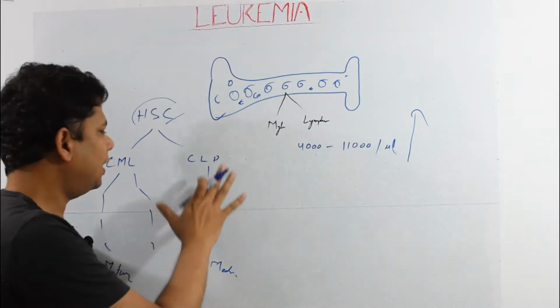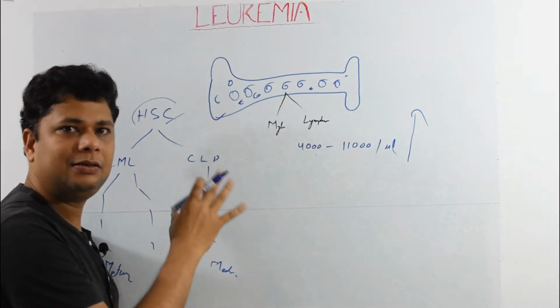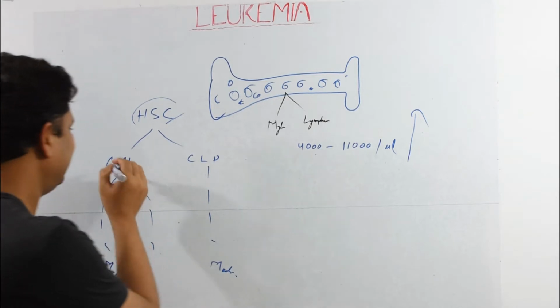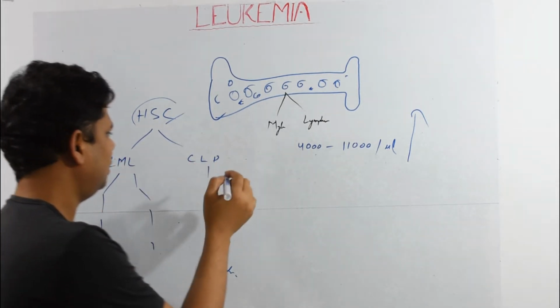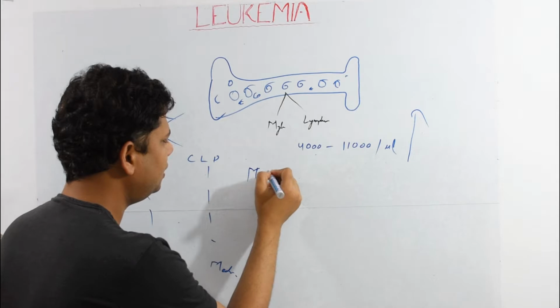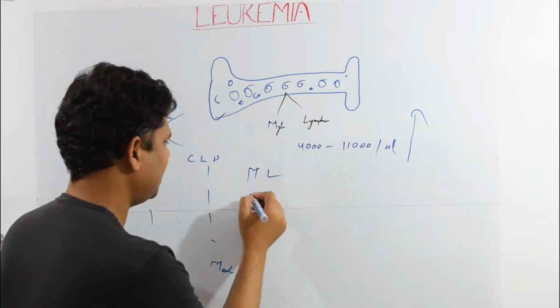So depending on the cell type, there are several types of leukemia. If this happens to myeloid, it will be called myeloid leukemia, or lymphoid leukemia.